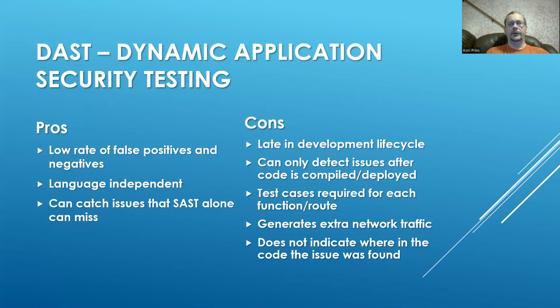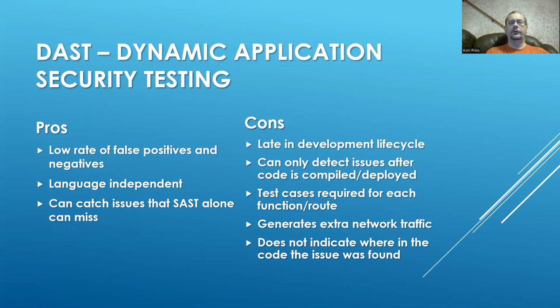And then take action based on that. Another pro is that with DAST testing, it's language independent. It doesn't necessarily care what language the application is coded in because it throws different attack types at the application to see what the behavior is.